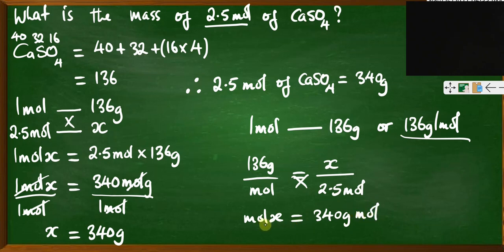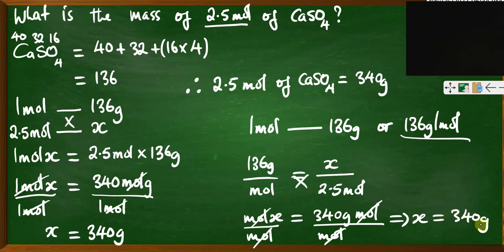Now, since I'm looking for x, I'll divide here by mole, and also divide by mole here, so that this goes and this goes. What I remain with is x, and I remain with 340. So x is equal to 340 grams, just as we found it out here. So this is how you go with this.